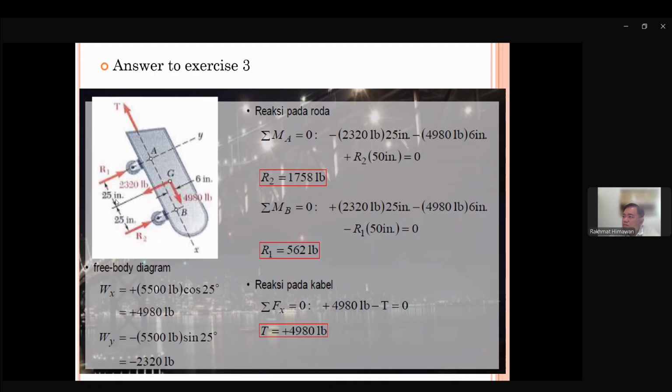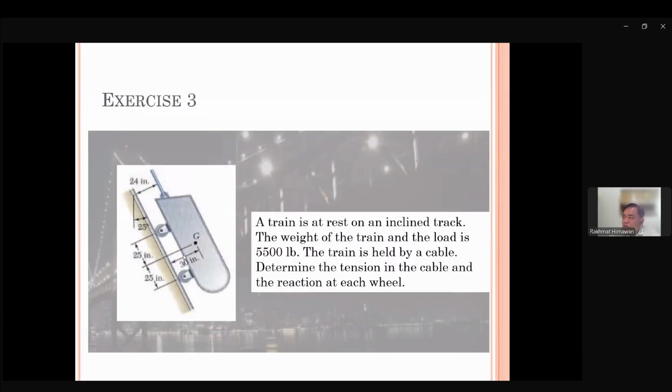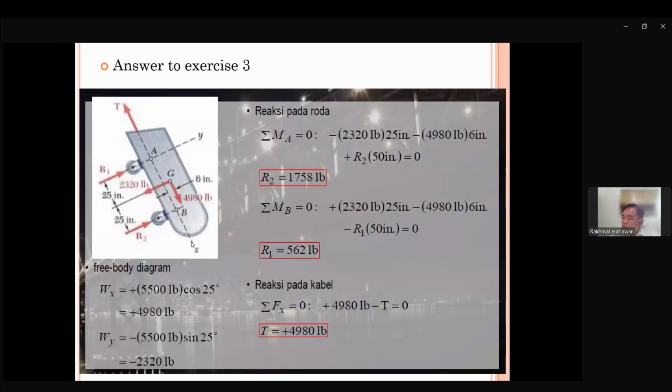Between here and here is 6 inch, because this one is 24 and this one is 30. That means between here and here is 6 inch. This is needed to calculate the sigma moment.